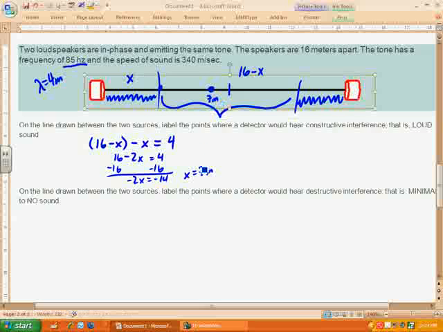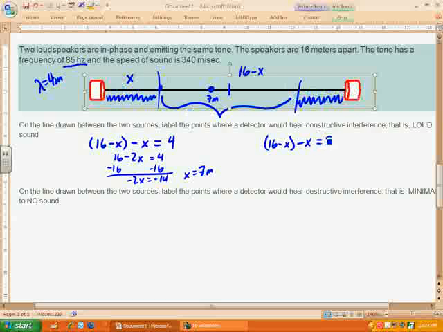Okay? Now, what else is a possibility? Well, what else could happen in this distance here? I could get 2 waves, right? If I get 2 complete waves in the difference between these two distances, then it's going to be constructive interference. So I could do 8, right?